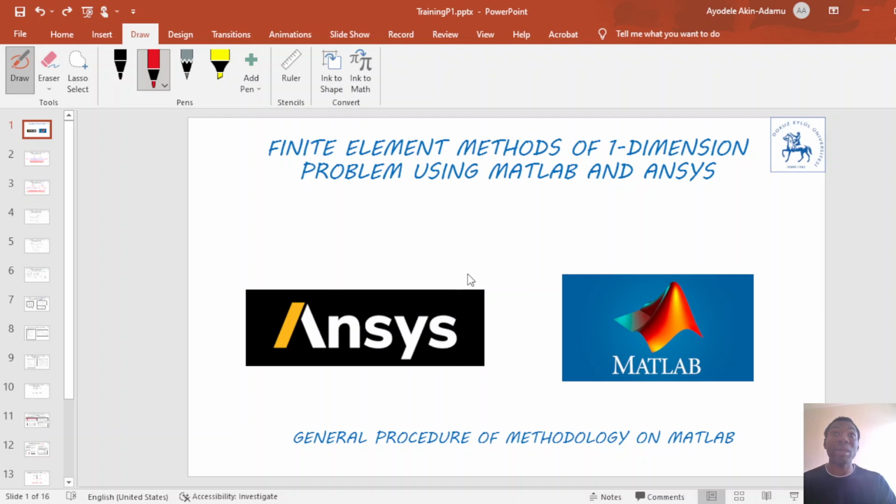That is a 2D plane truss with inclined support. For this type of truss with inclined support, we need to apply a concept called the multi-point constraint model. So I'm going to illustrate how this multi-point constraint model is applied to truss analysis using the finite element approach.